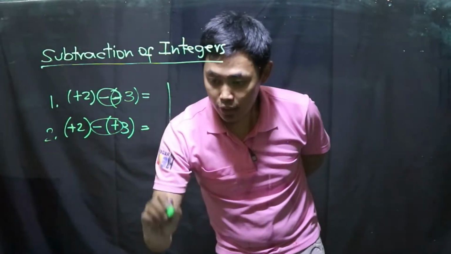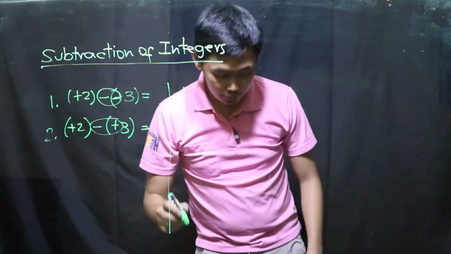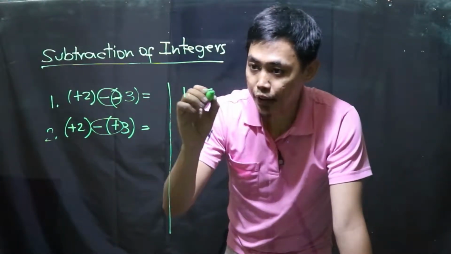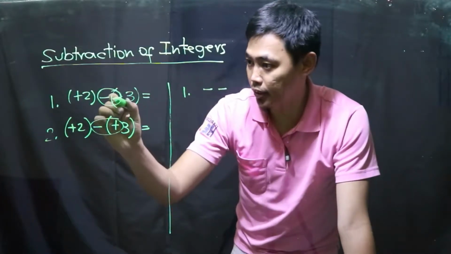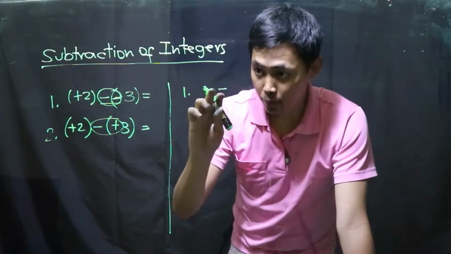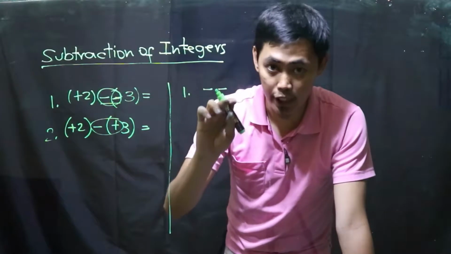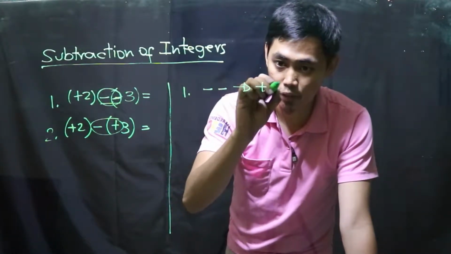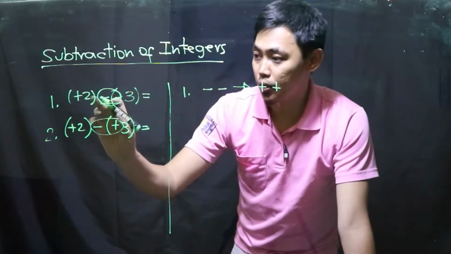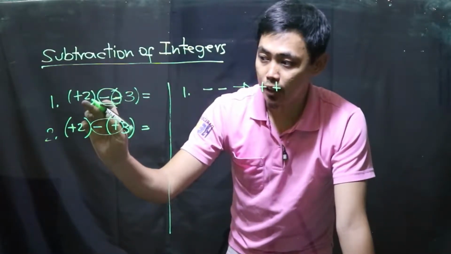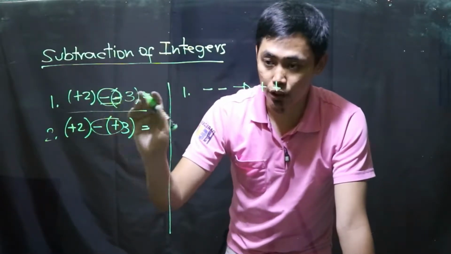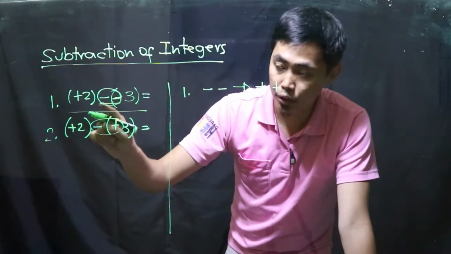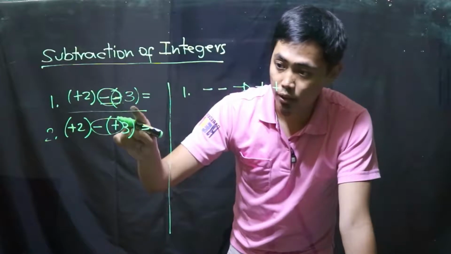So first rule is this: if you have minus minus here, so that would be minus negative, you can change it to plus plus. So considering this equation, it would be positive 2 minus negative 3.